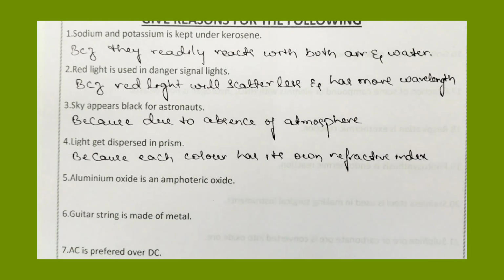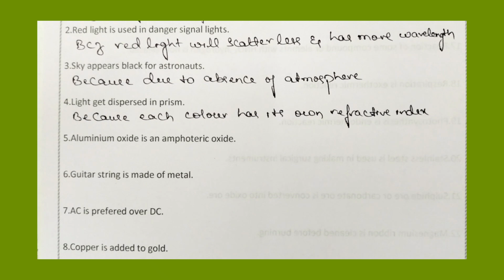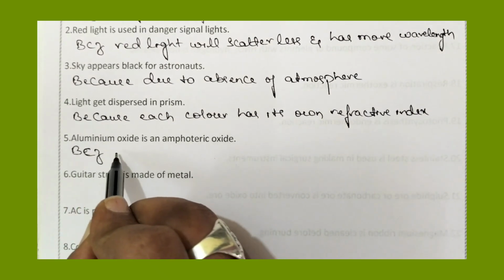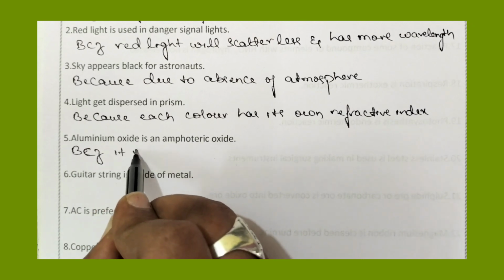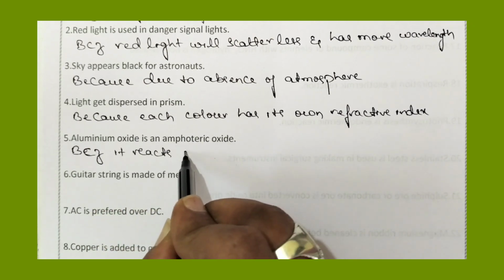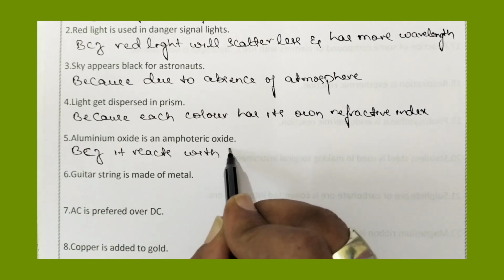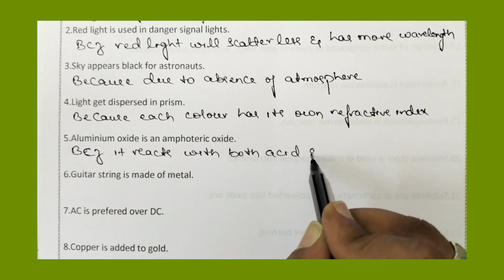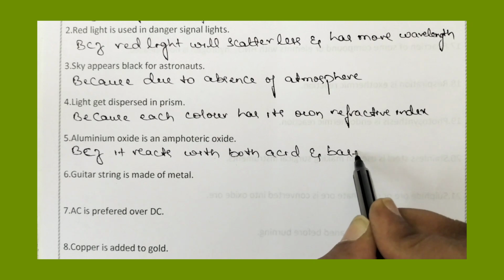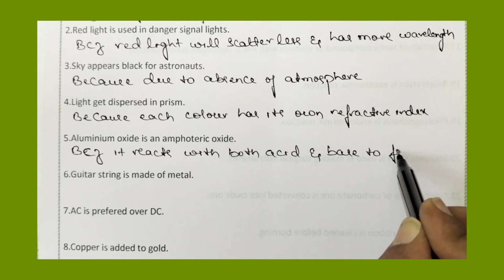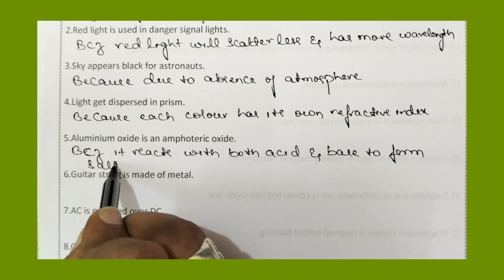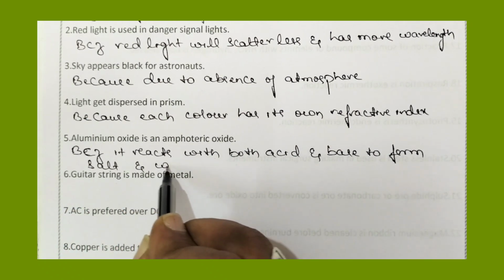Next, aluminum oxide is an amphoteric oxide because it reacts with both acid and base to form salt and water.